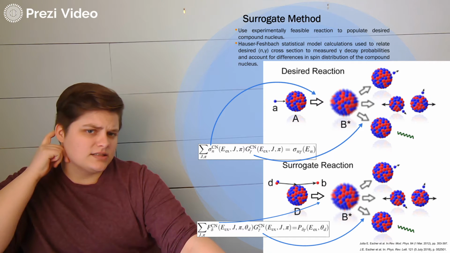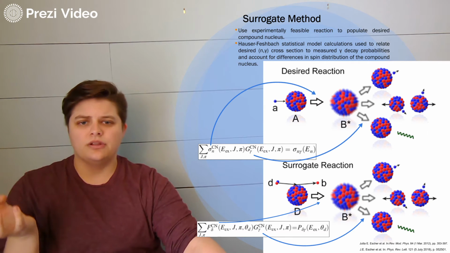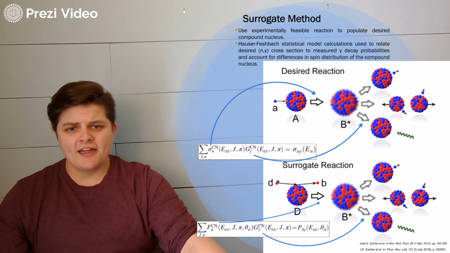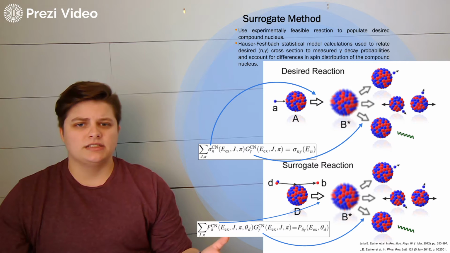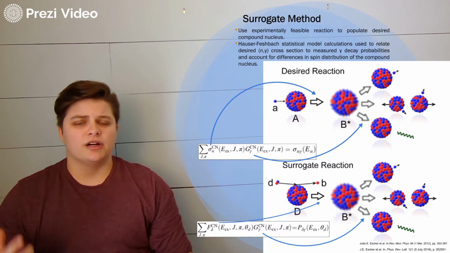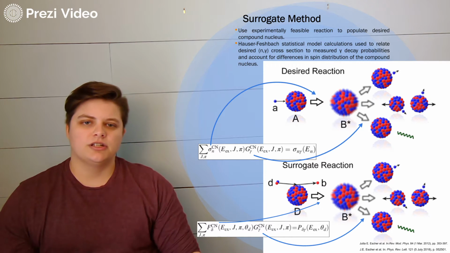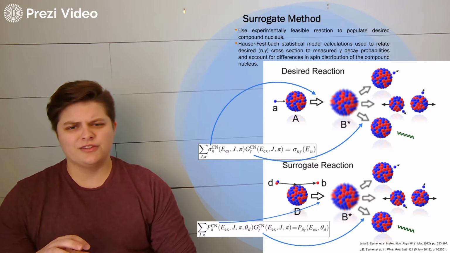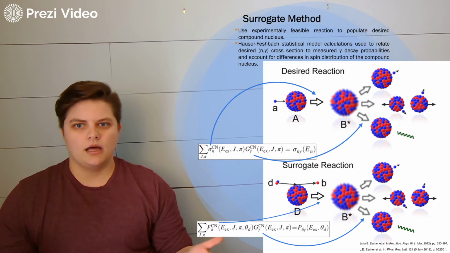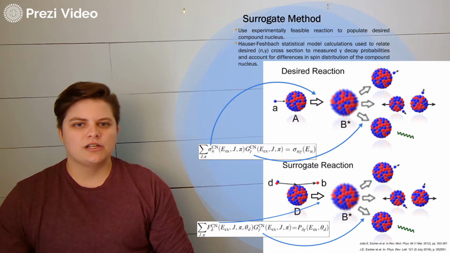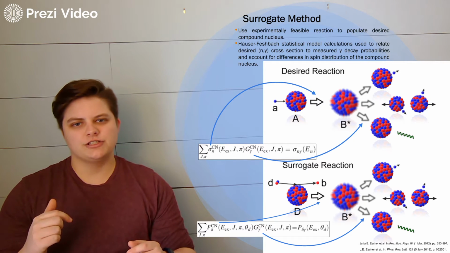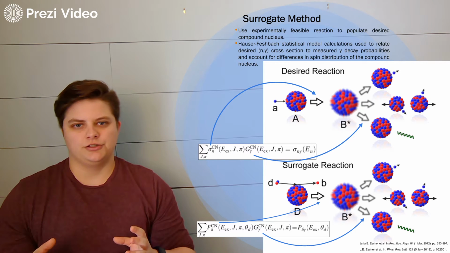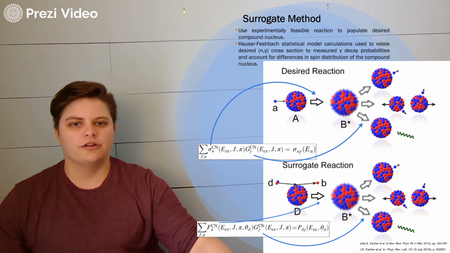So what is the probability that this compound nucleus we've created will de-excite via gamma emission? And we can use this experimental quantity to feed back into our calculations for the desired reaction in order to constrain those n-gamma cross-sections. And the reason we can't just get an exact number is because the different reactions populate these compound nuclei with different spin distributions. So we have to correct for that in our calculations as well.